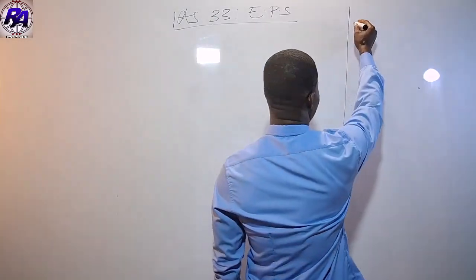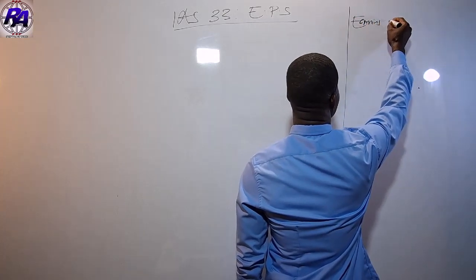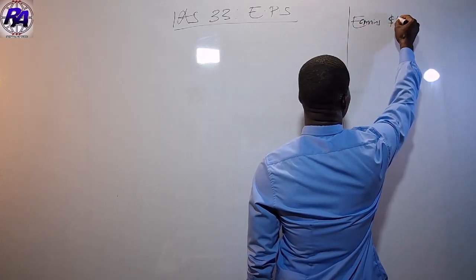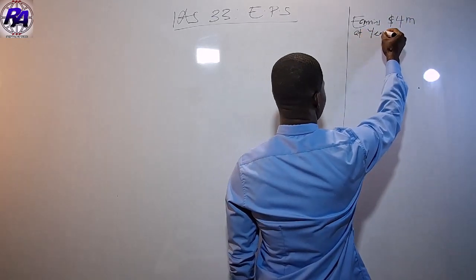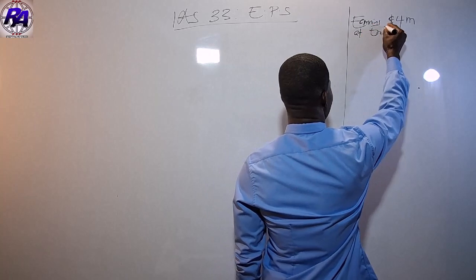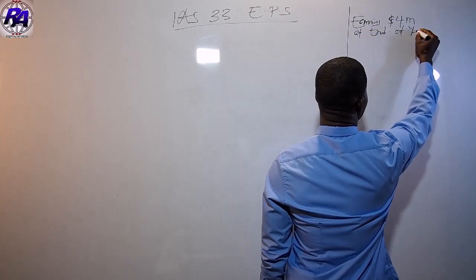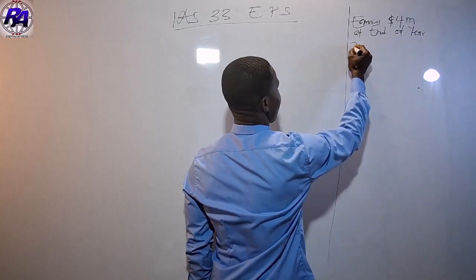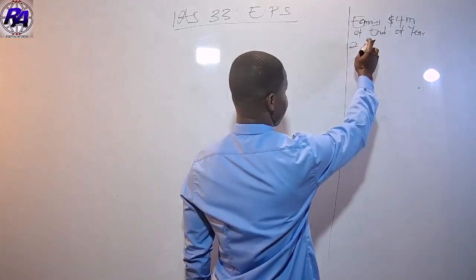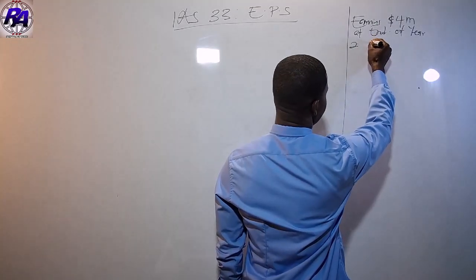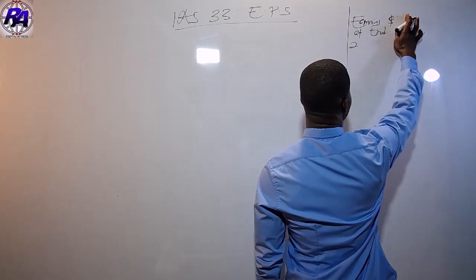Assuming that we are having earnings of 4 million at the end of year 2. So we are looking at the end of year 2, and as at this date, we are capitalized with... this is rather, let's make the earnings 12.